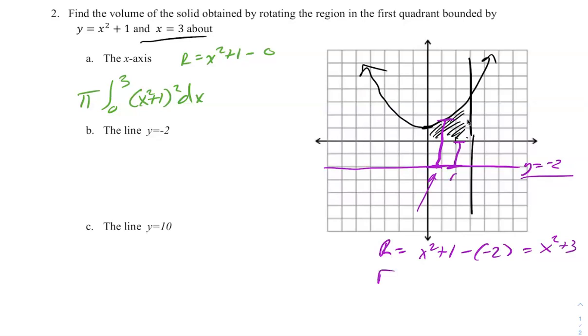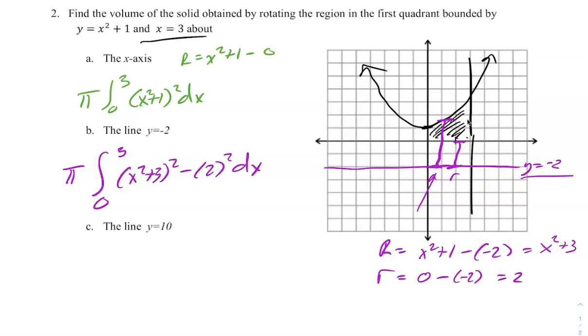Little r is 0 minus negative 2, so that's 2. So my formula is pi integral from 0 to 3 of (x squared plus 3) squared minus 2 squared dx.